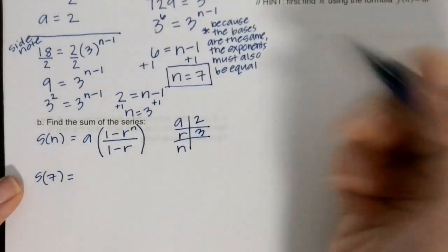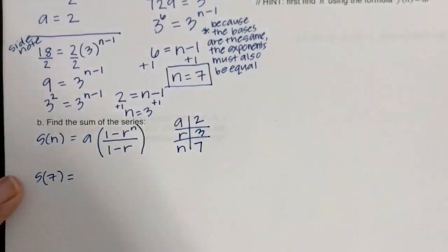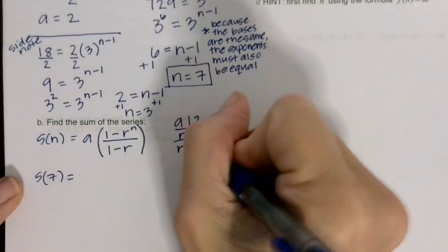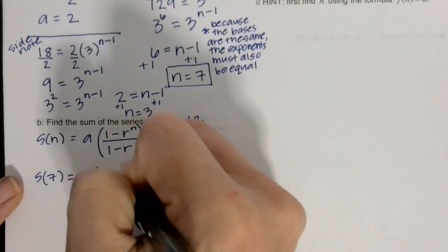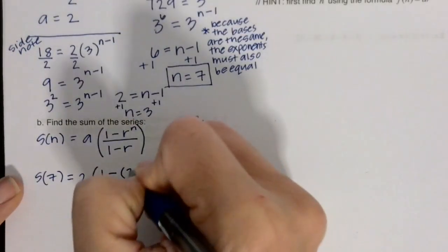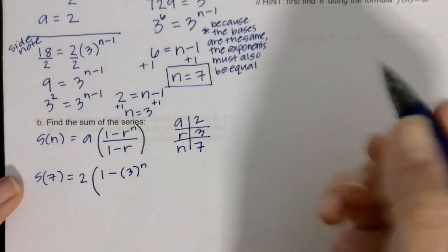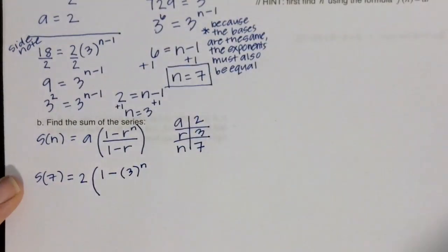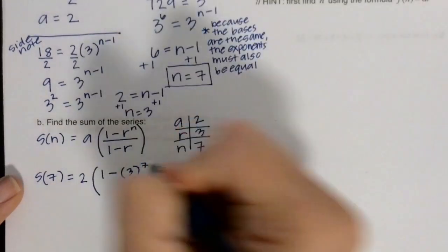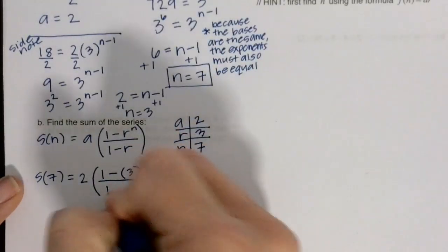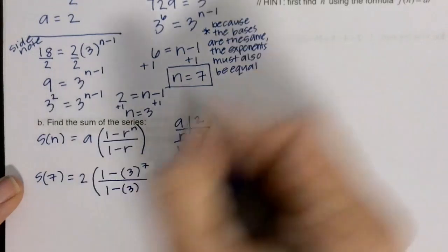We figured out the common ratio was 3, and n is 7. Okay, so we're going to go to 1 minus, put it in parentheses. All r's go in parentheses. And I just wrote n, but we actually know what n is, don't we? It's 7, all over 1 minus 3.